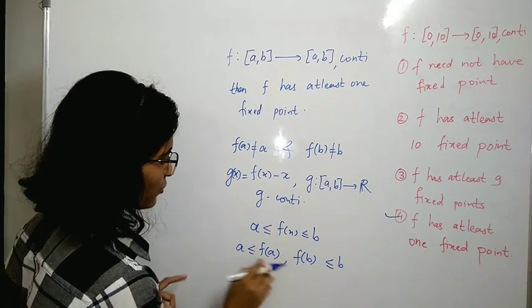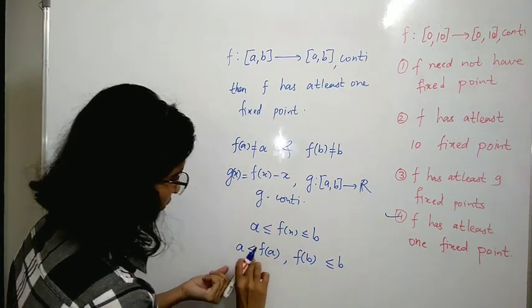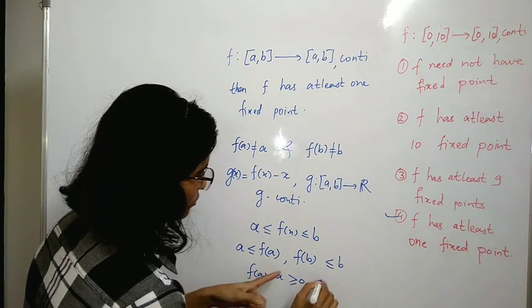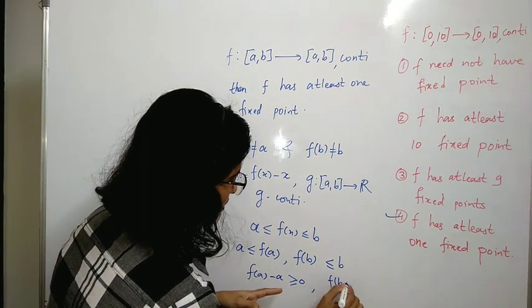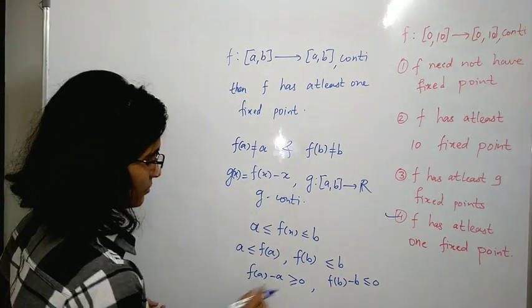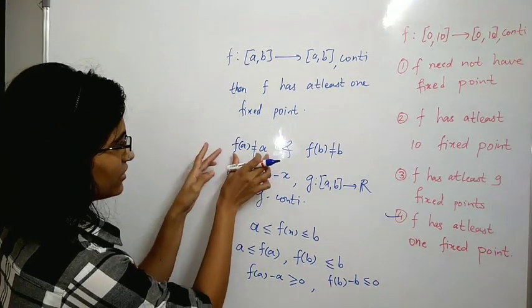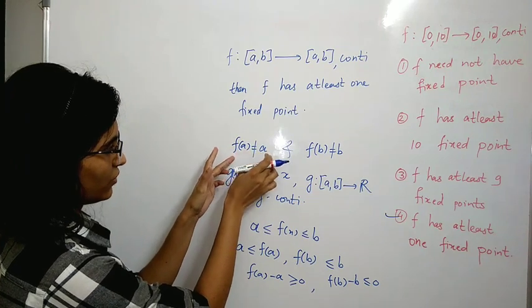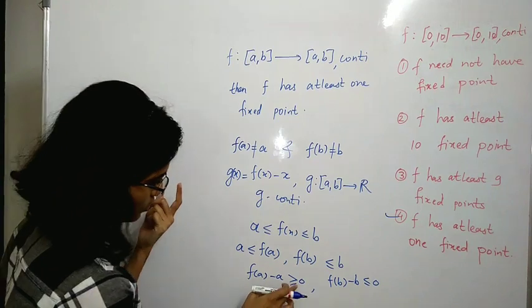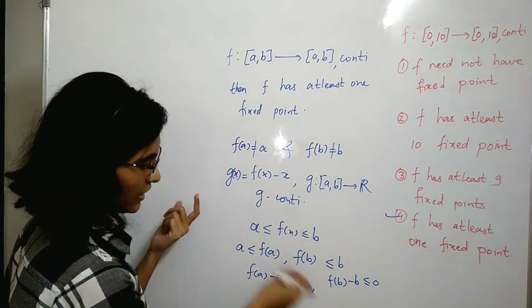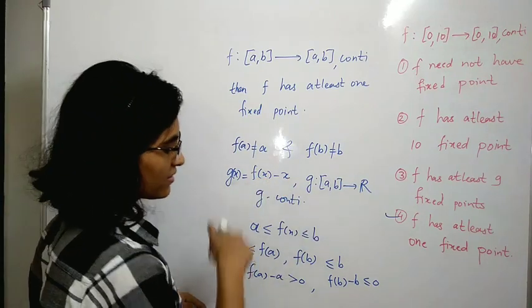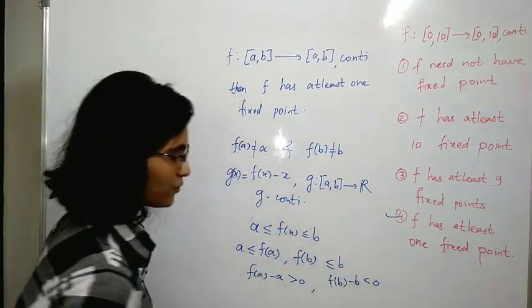So for this, now f of a minus a is greater than or equal to 0 and f of b minus b is less than or equal to 0, right? Now we know that we have this case, right? f of a is not equal to a, so f of a minus a is not equal to 0, so this is strictly greater than 0. Similarly, f of b is not equal to b, so f of b minus b is strictly less than 0, right?